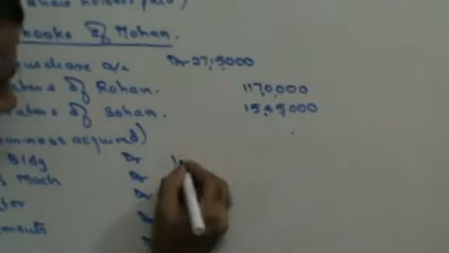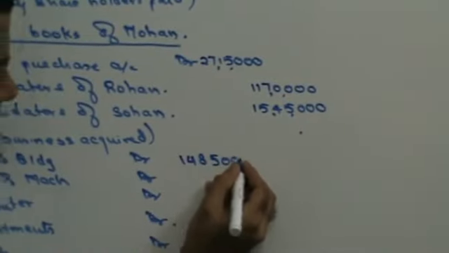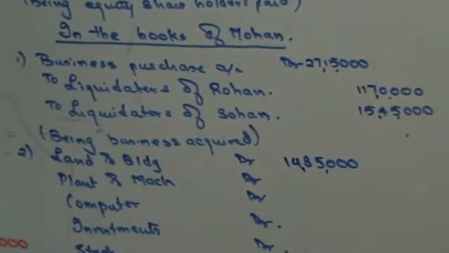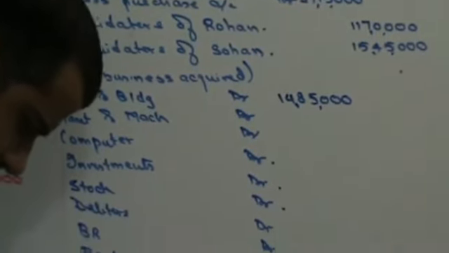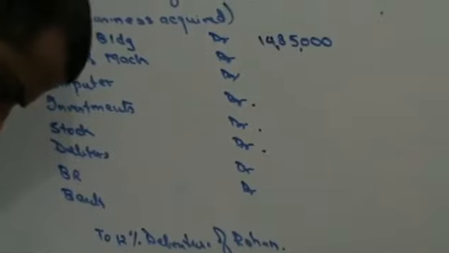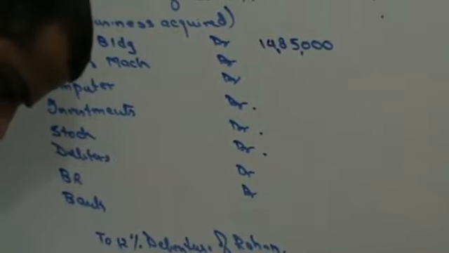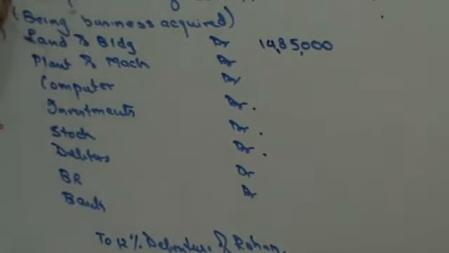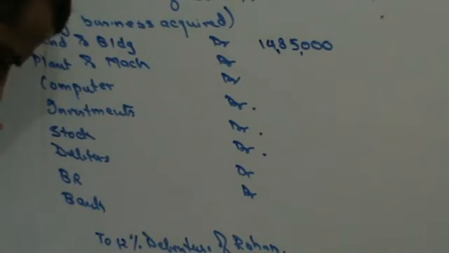Right? 13,50,000 plus 1,35,000, 14,85,000. Right? Same way, plant and machinery. Plant and machinery is 4,50,000 plus 6 lakhs. That's 10,50,000. 10% more. Right? 10,50,000. That is going to be 1 lakh 5,000. No. The previous one was.